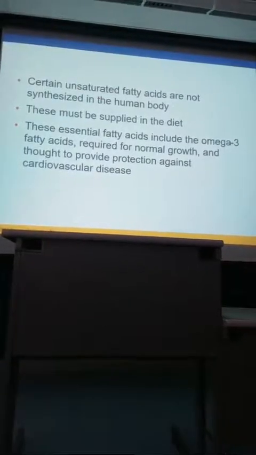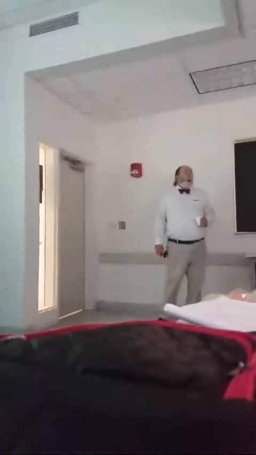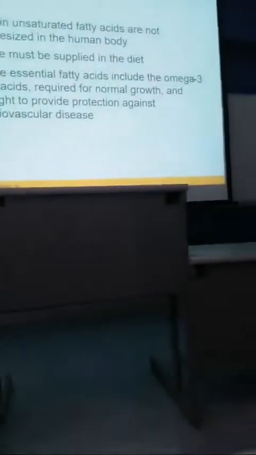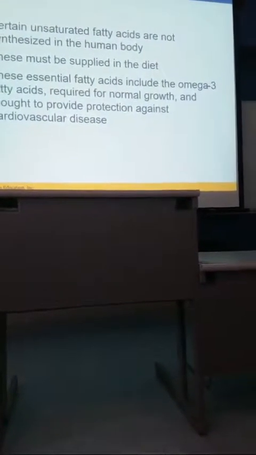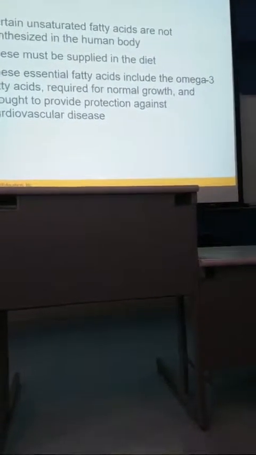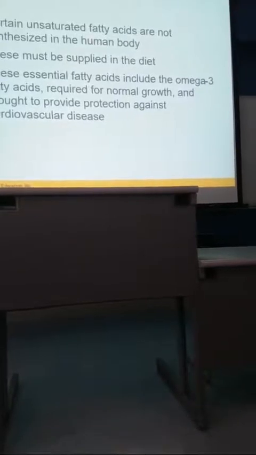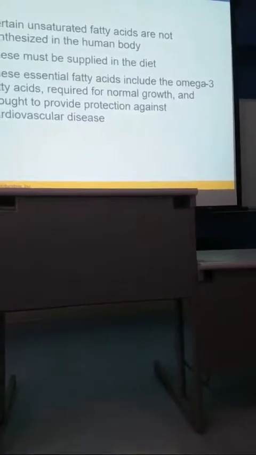Some unsaturated fatty acids are not made in the body, some are. The ones that we have to have in our diet will be things such as omega-3, which we need for growth and immune system and so forth. And because our body does not make it, we must get that from food.